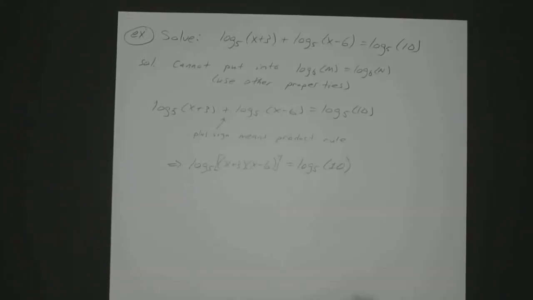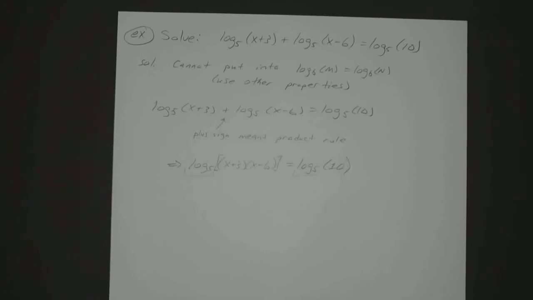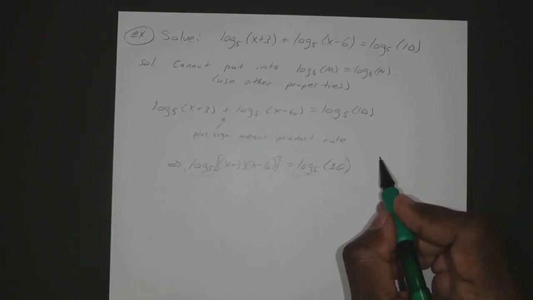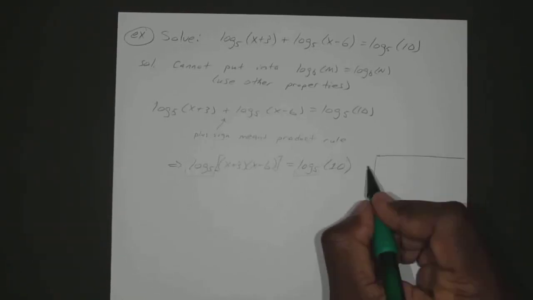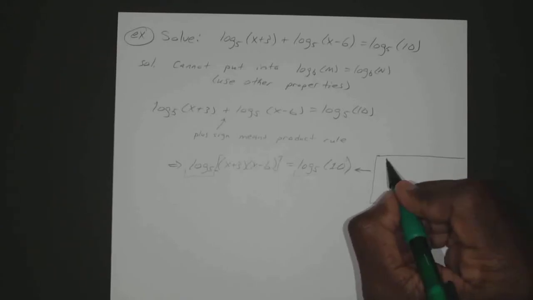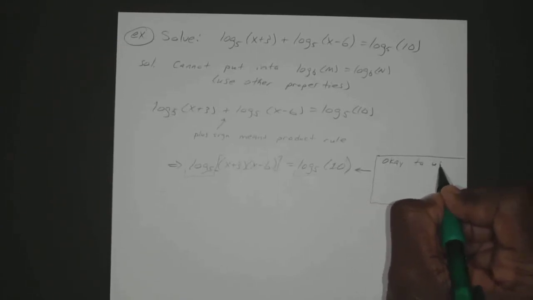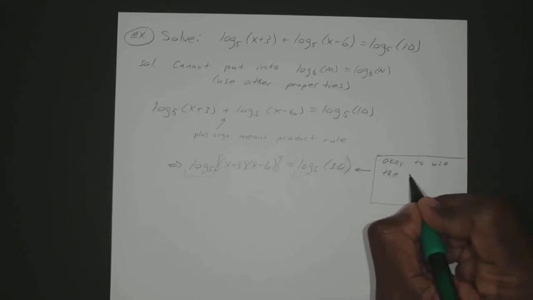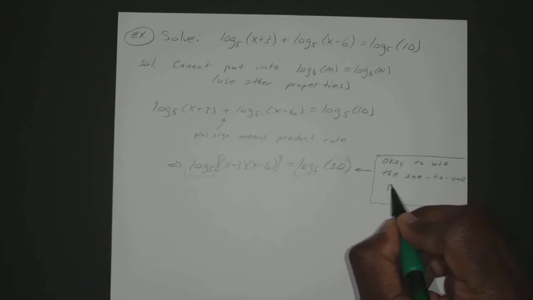Okay, now if you look at it, we have a log function and a log function. So now we can use the one-to-one property. Okay, so okay to use the one-to-one property.